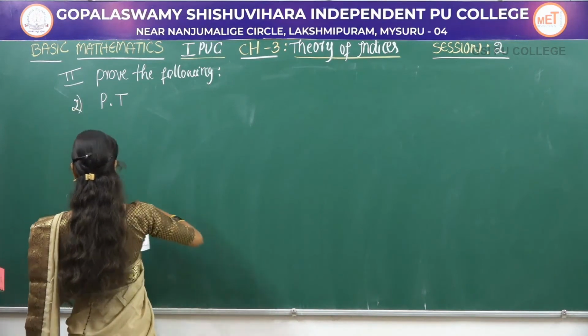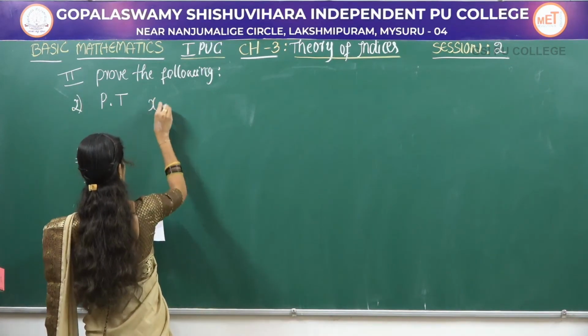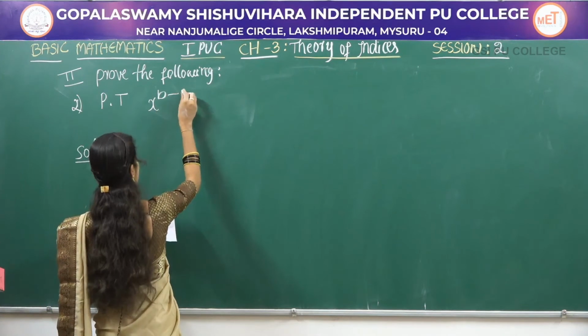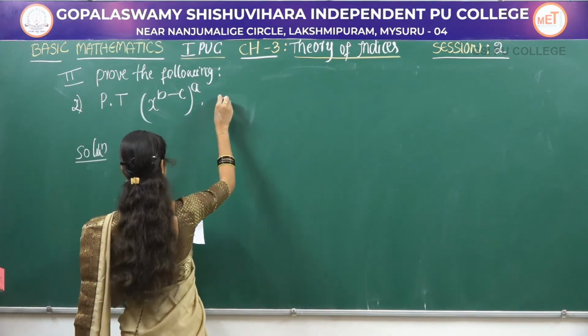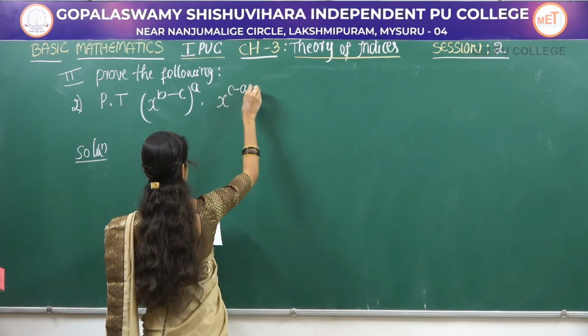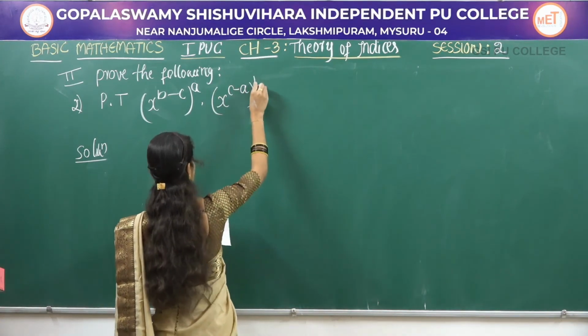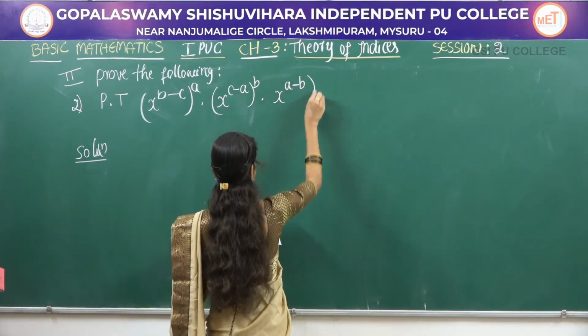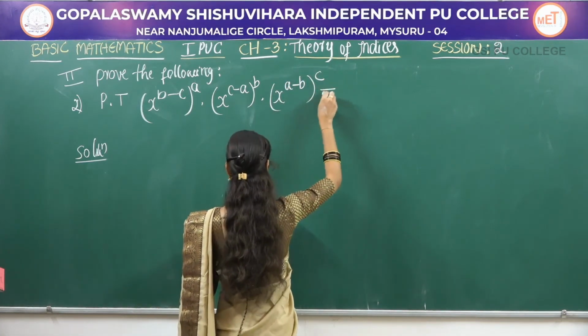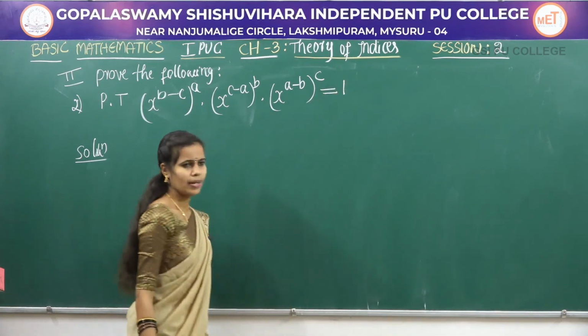Next problem, second one. Prove that x to the power of b minus c all to the power of a into x to the power of c minus a all to the power of b into x to the power of a minus b all to the power of c is equal to 1. Okay.